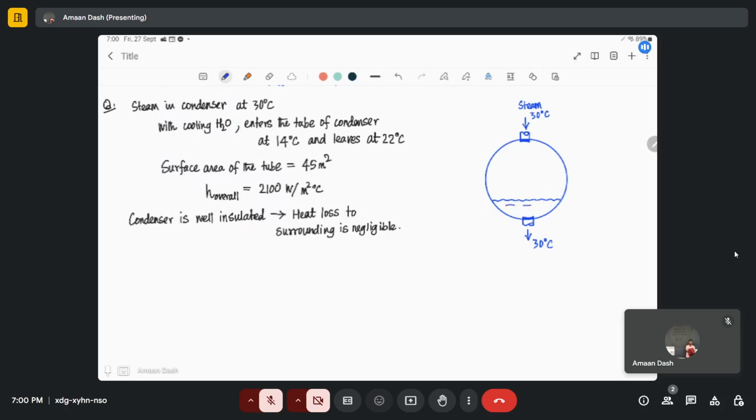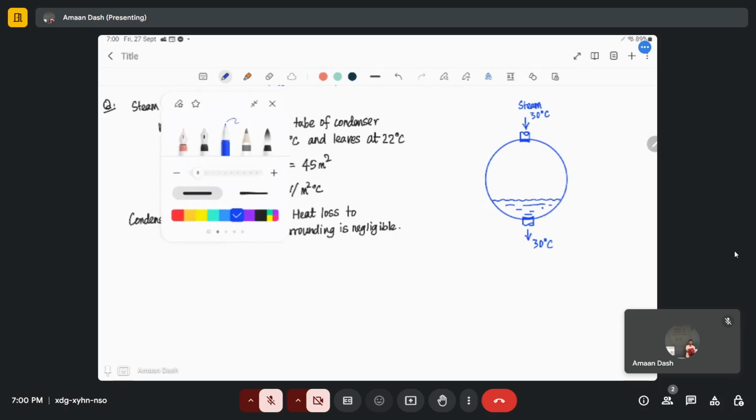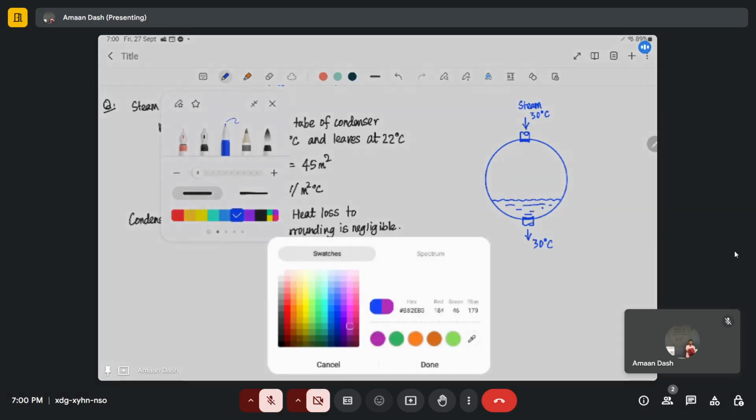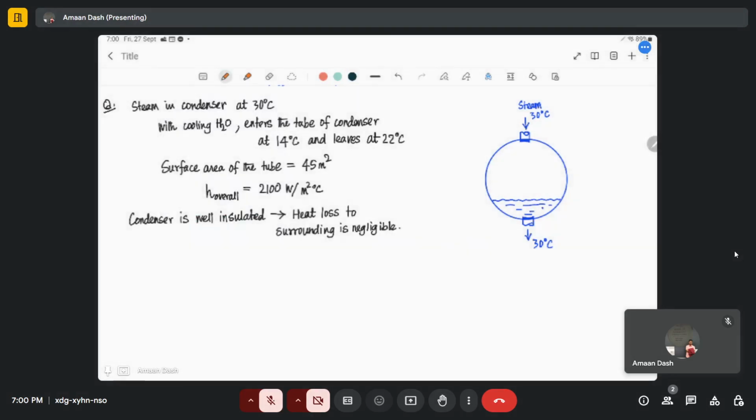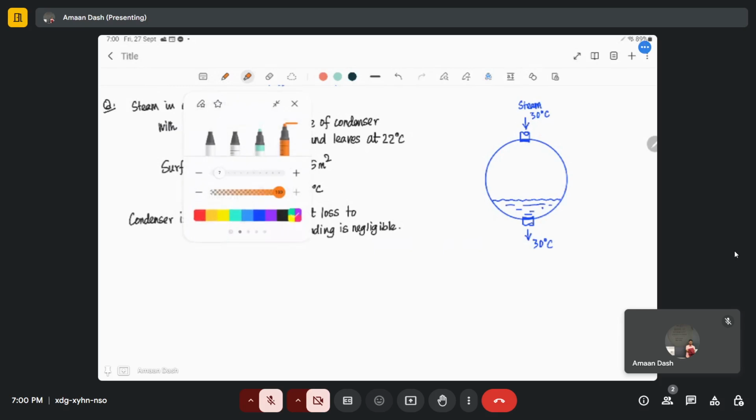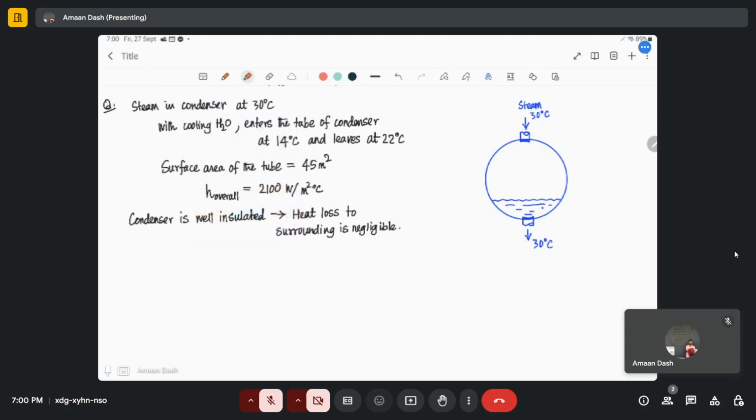Some of the steam will be here, it will not be vacant.